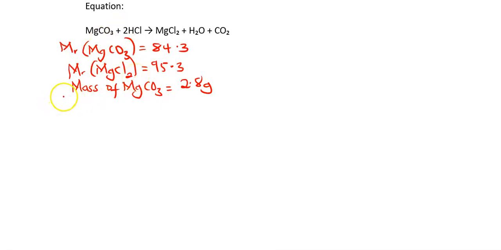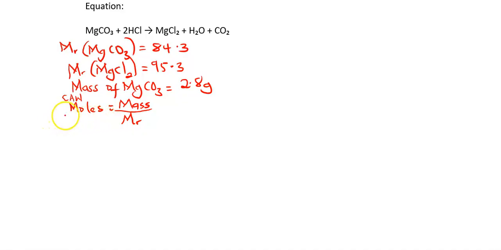Let's apply our CAW method. We begin with calculating moles. We have a general formula for calculating moles, and that's moles equals mass, in this case, divided by the relative formula mass.